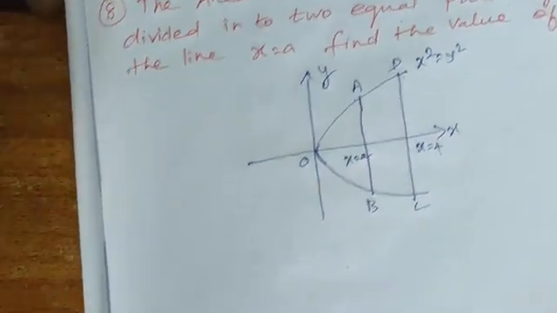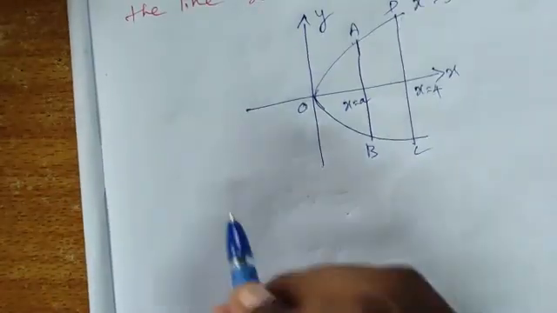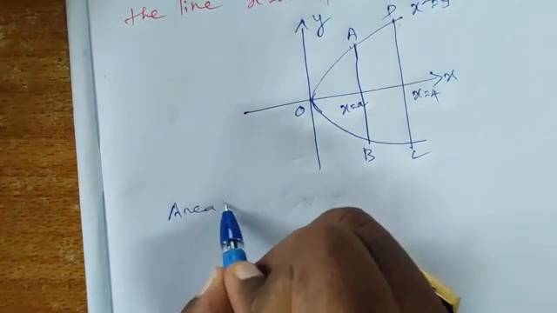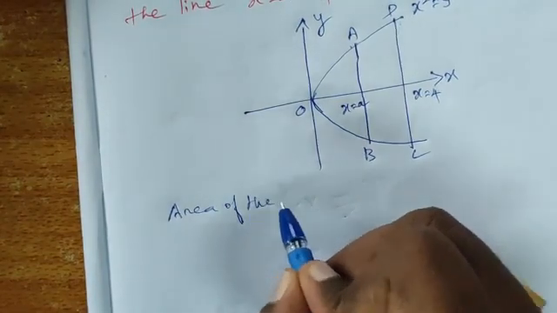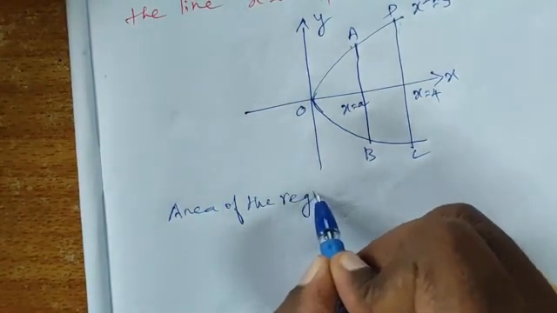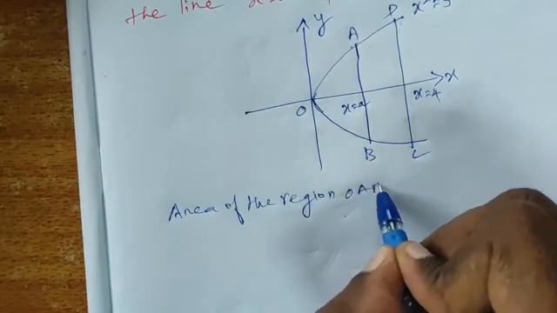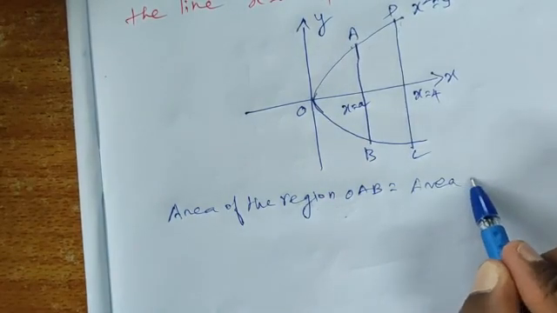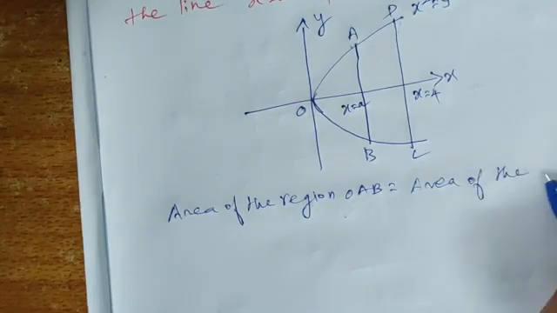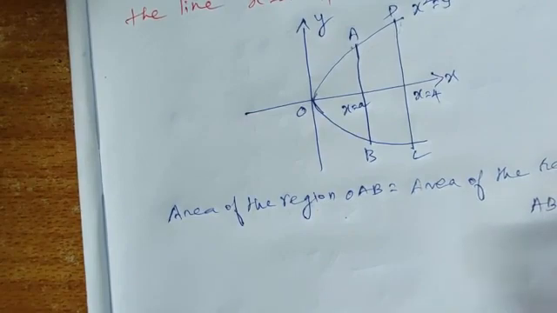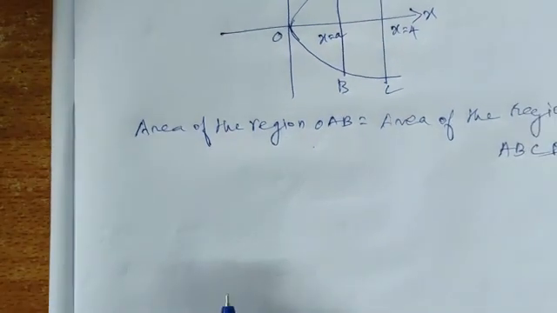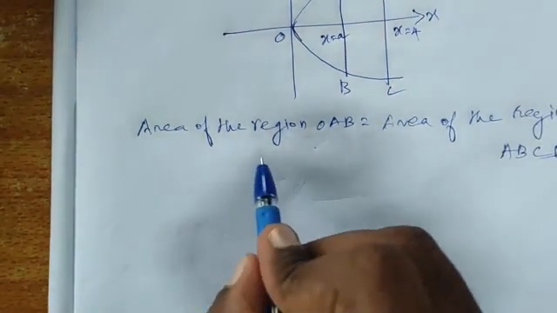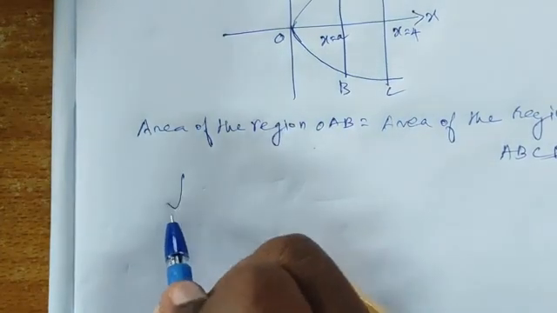So the area of the region OAB is equal to the area of the region bounded by the given curve, ABCD.